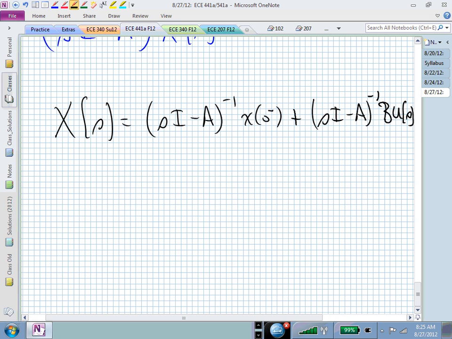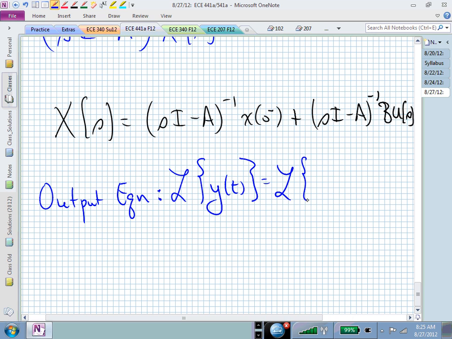Let me now look at the output equation. And if I Laplace transform that, in general, y(t) is Cx(t) plus Du(t).